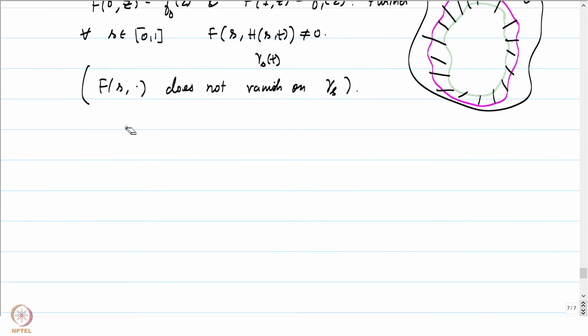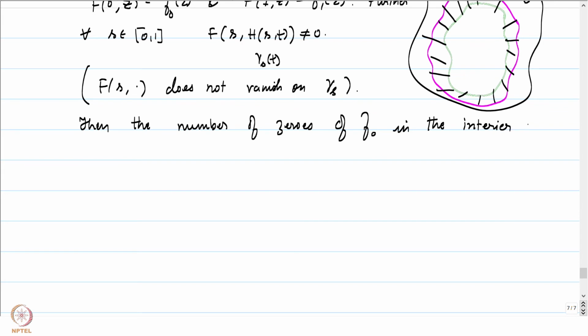The conclusion here is that the number of zeros of f_0 in the interior of gamma_0 — remember that gamma_0 is null homotopic and therefore there is a homotopy which homotopes gamma_0 to a constant path.